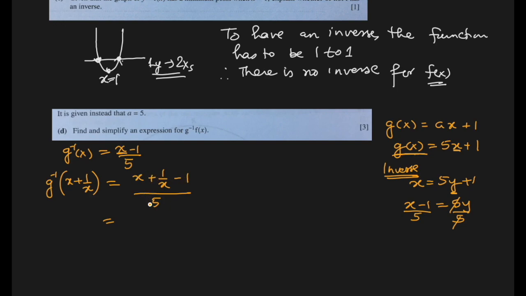This is not going to simplify much, because this is an x, this is a reciprocal, these are constants. So I don't think there is much more we can do. We can just write x over 5 plus 1 over 5x minus 1 over 5. Yeah, 5 divides all three of them on the top, and this becomes an expression for this. All right.